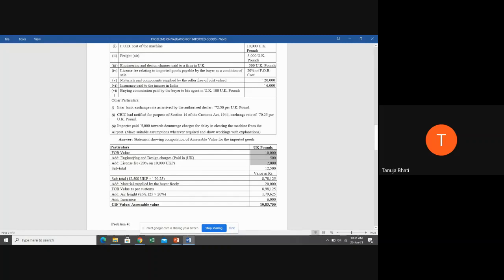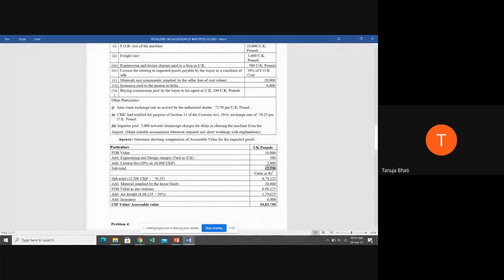Half of the items that have to be added to FOB are in UK pounds, and one item is in rupees. So you cannot add different currency denominations together. First you add everything in UK pounds. You got the total of UK pounds, that is 12,500.